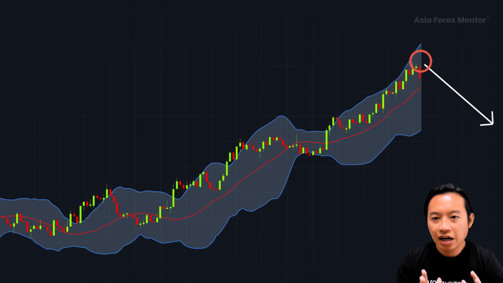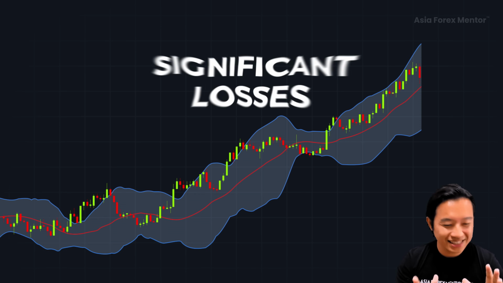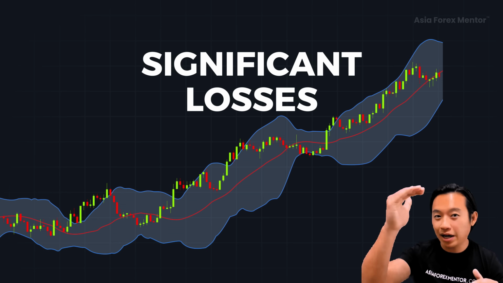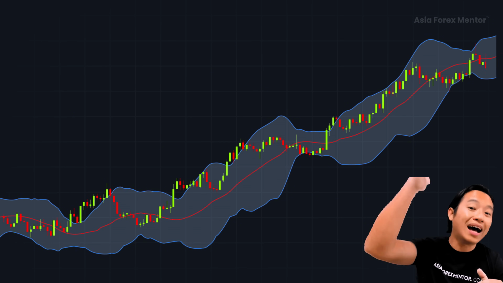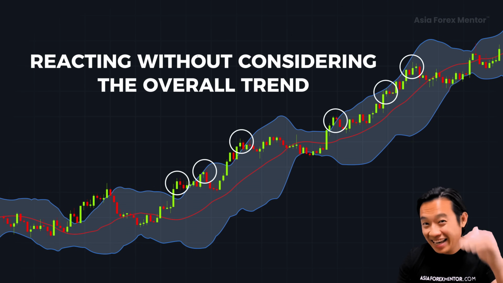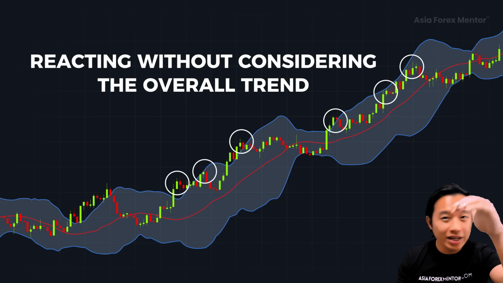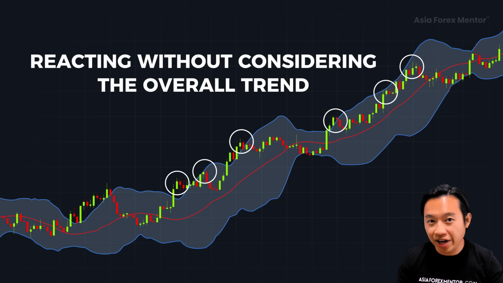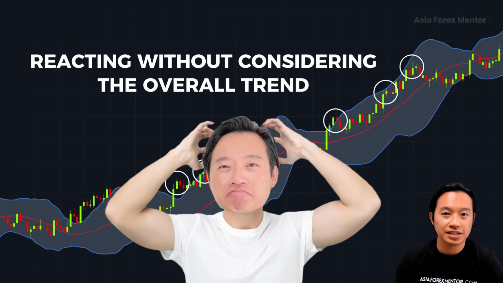No, right? This could lead to significant losses if the market continues to go higher, which often happens in strong trends, right? So simply reacting to the price hitting the outer band without considering the overall trend is going to result in a lot of losses, right?